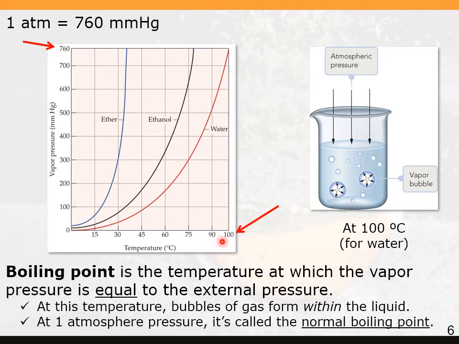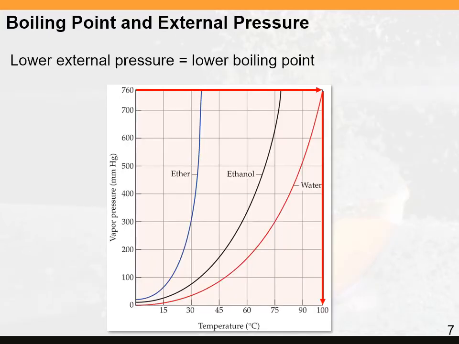100 degrees Celsius for water is known as its normal boiling point. Normal boiling point is the boiling point at 1 atmosphere pressure. Boiling point depends on external pressure. For water, the boiling point is 100 degrees Celsius only if the external pressure is 760 millimeters mercury, or 1 atmosphere pressure.